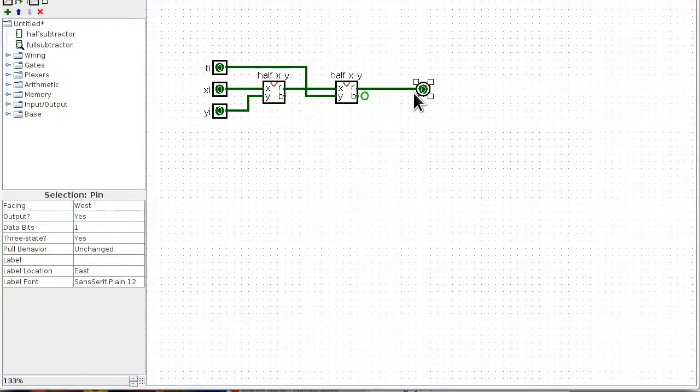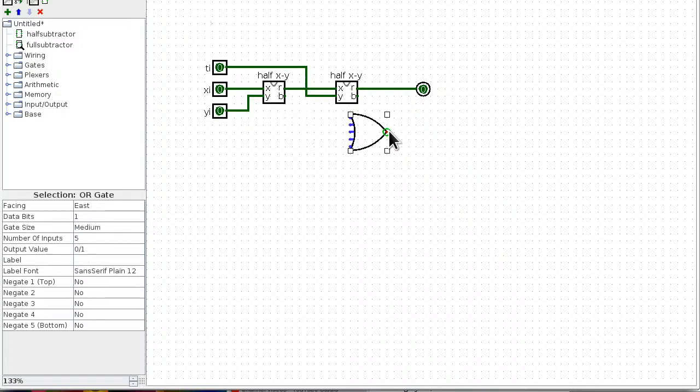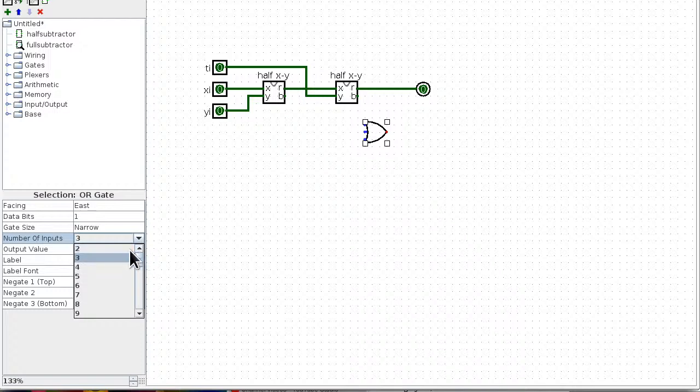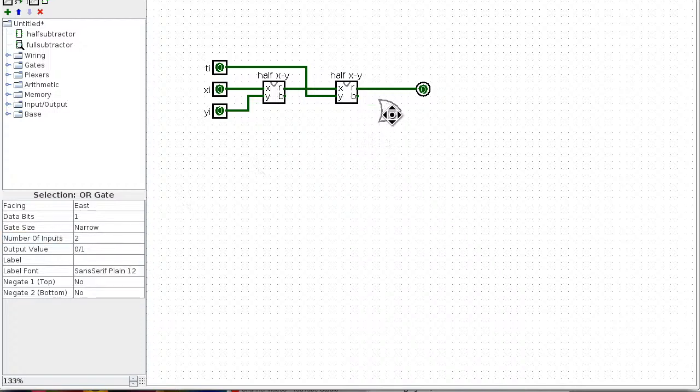So going back to this circuit here, the way we combine these two, once again, is an OR gate. So we just pull an OR gate over here, fix its size, and I have no idea why the default is the big one with 5 inputs, because in reality, we don't really have a lot of formulae that require like 5 inputs to a gate.